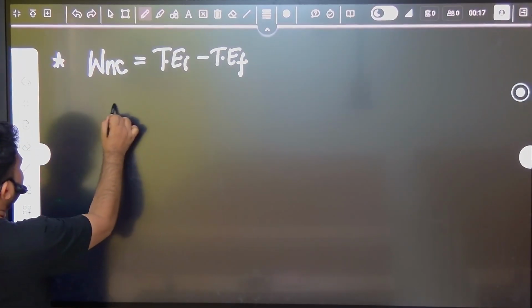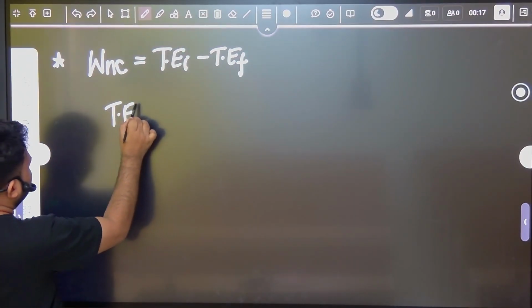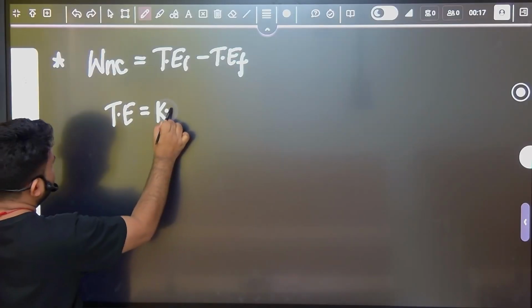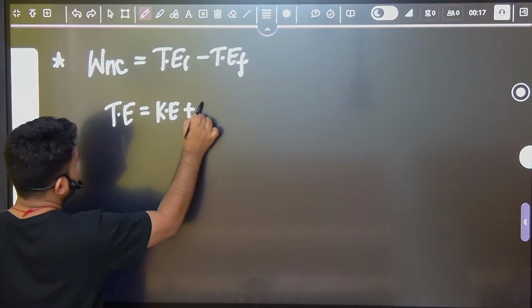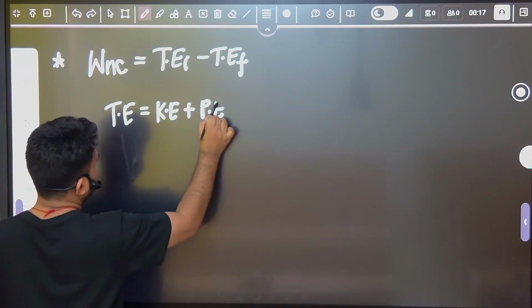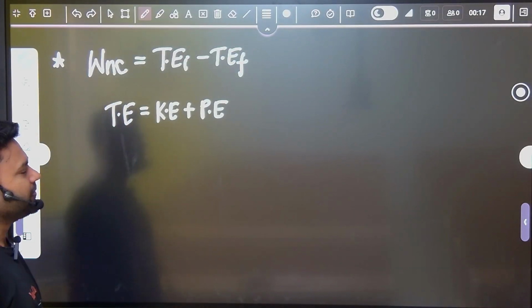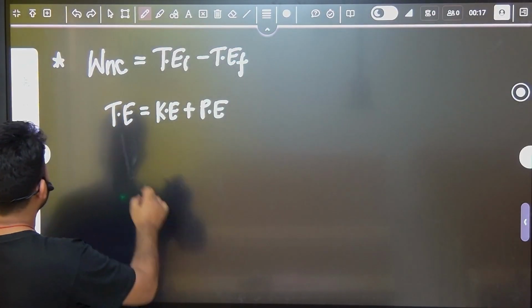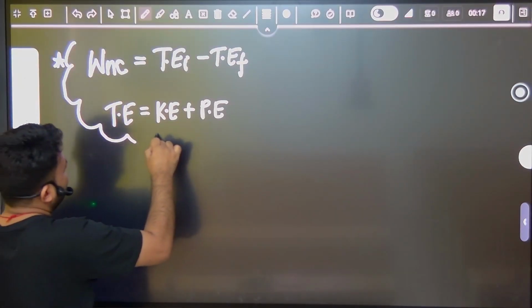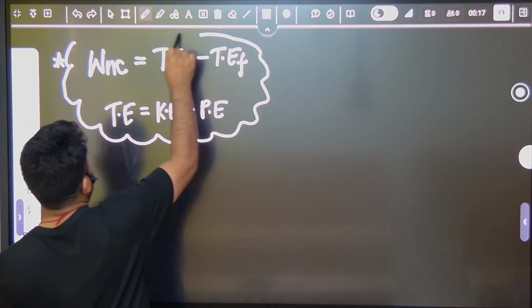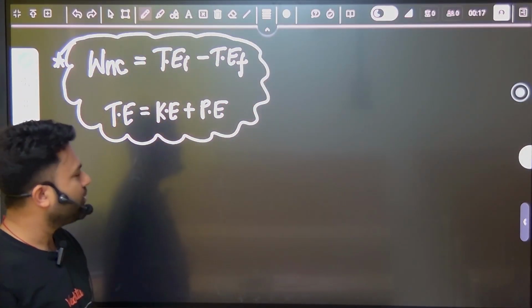So what is the total energy? Total energy is nothing but sum of kinetic energy plus potential energy. This is total energy. So this is also very important. Sometimes they ask what is the work done by friction. Okay.